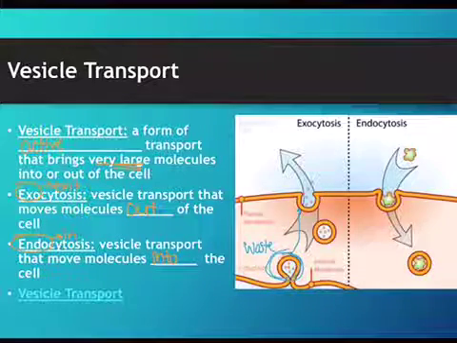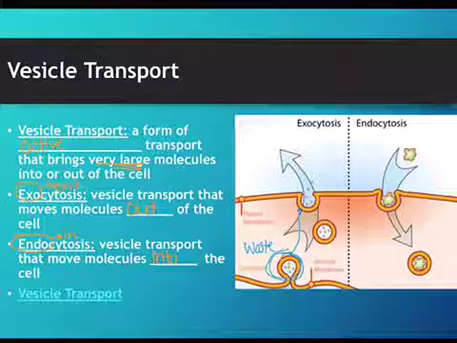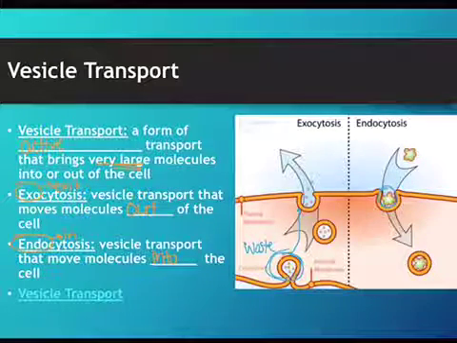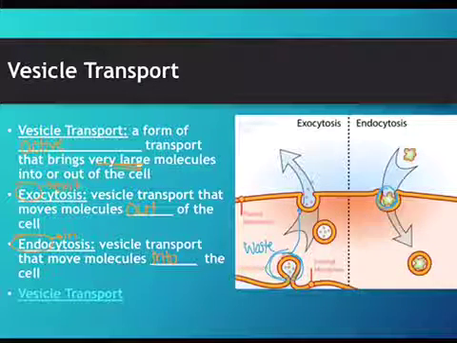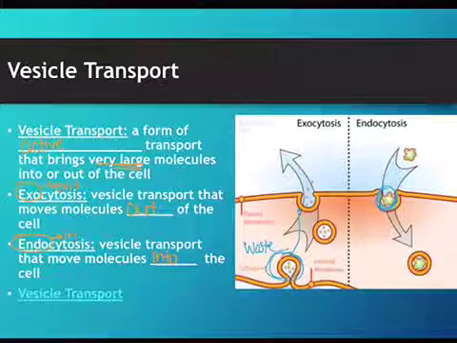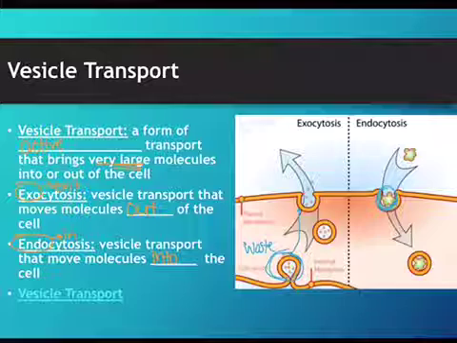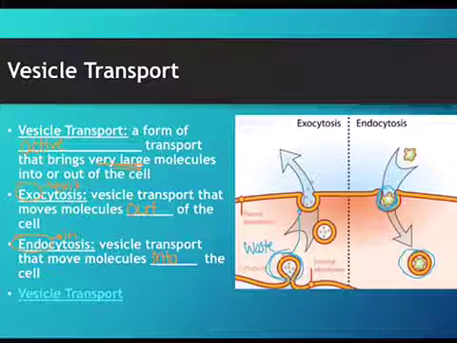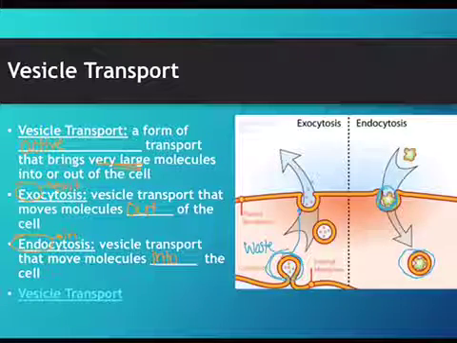The reverse is endocytosis, when we have some particle that wants to get in the cell. It will fuse with the cell membrane, and the cell membrane will begin to pinch inwards and close off, and eventually becomes a vesicle on the inside, and that vesicle will bring that particle or molecule to where it needs to be in the cell.